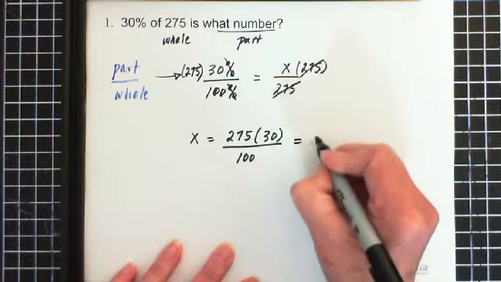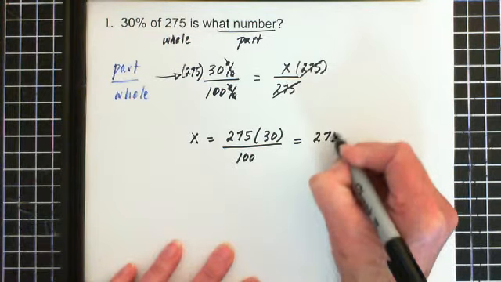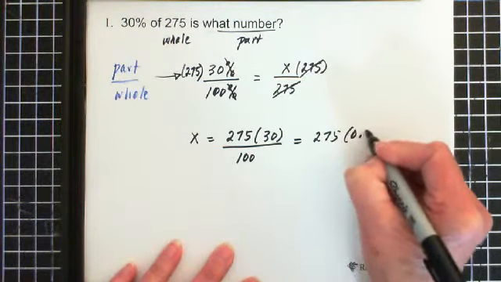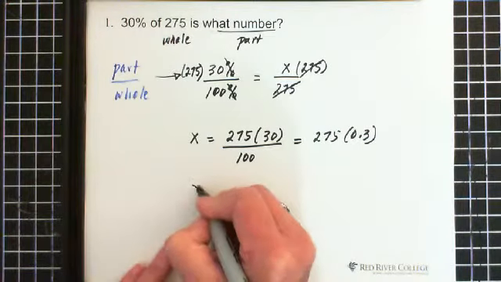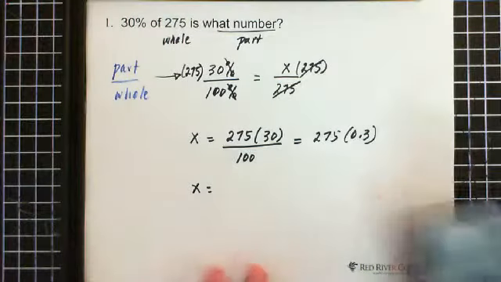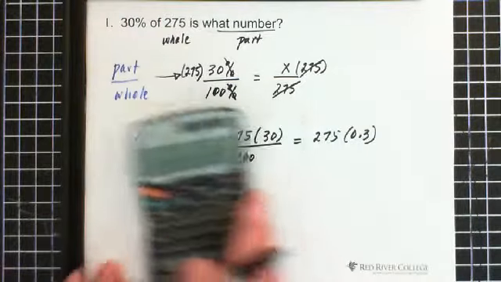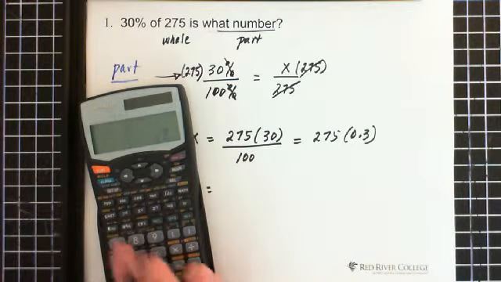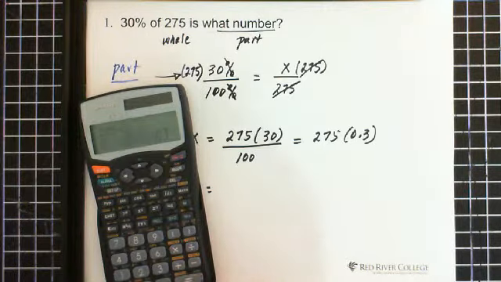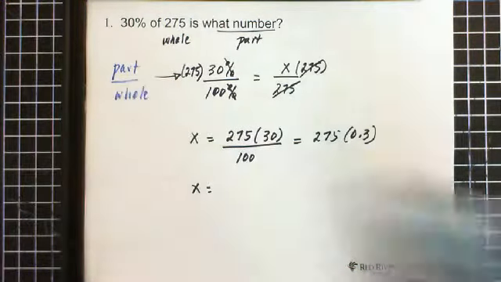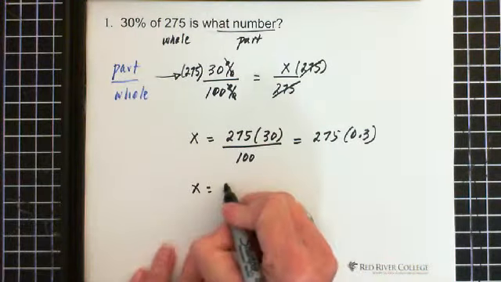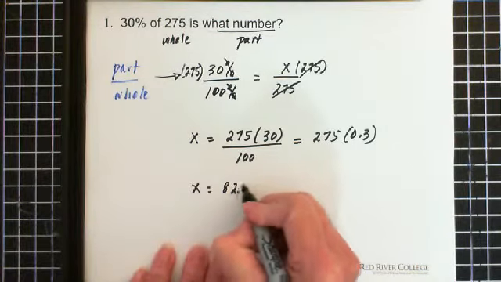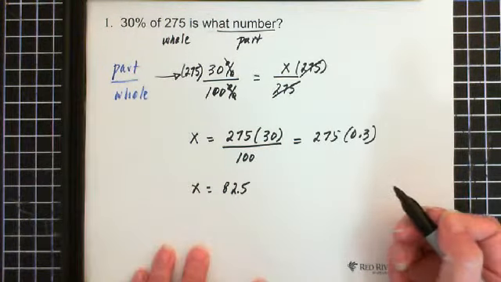So I can say, okay, 275 times 0.3. Then I can just plunk it in my calculator. 275 times 0.3 equals 82.5. So my answer then is 82.5.